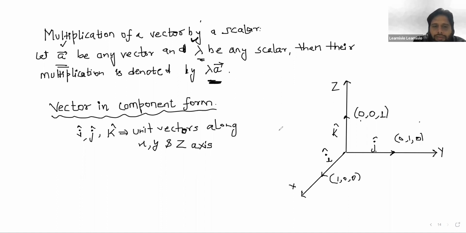Whenever we form a vector, we will use these i, j, and k, which I will explain later on. Please note this down. Let me know if you have any doubt.